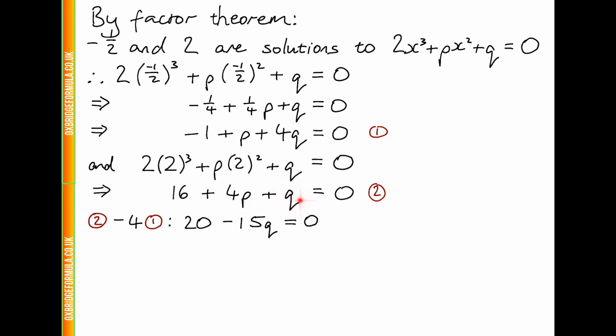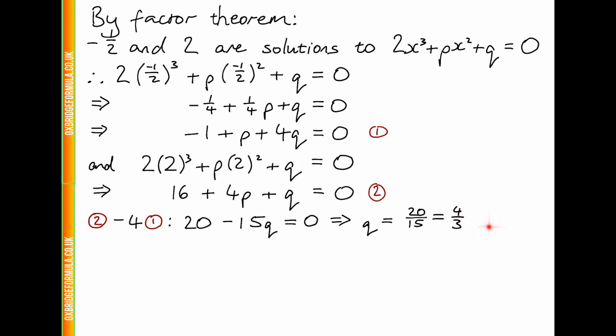And q minus 4 times 4q gives us q minus 16q, which gives us minus 15q. And on the right-hand side, we just have 0 minus 0. So we reach this equation, and therefore if we move the 15q to the other side and divide through by 15, we see that q is equal to 20 over 15, which we can simplify to being 4/3.